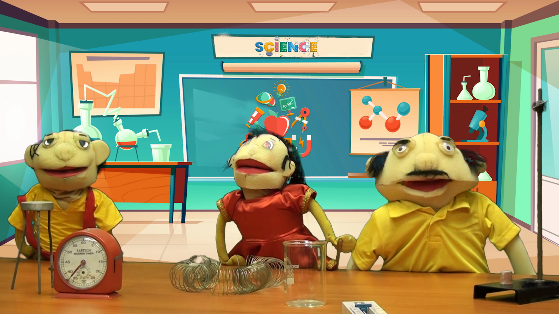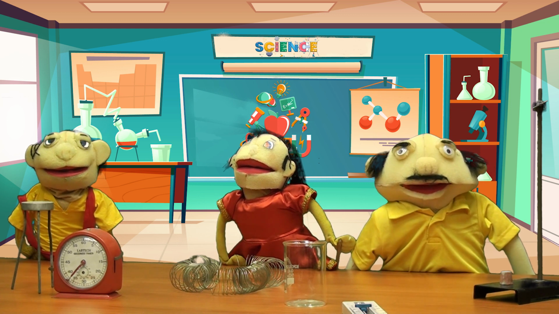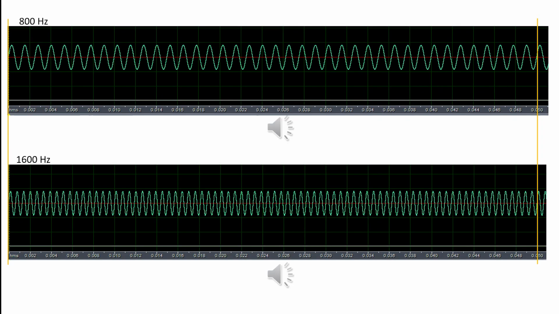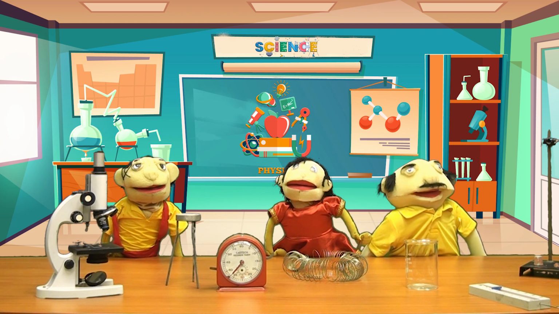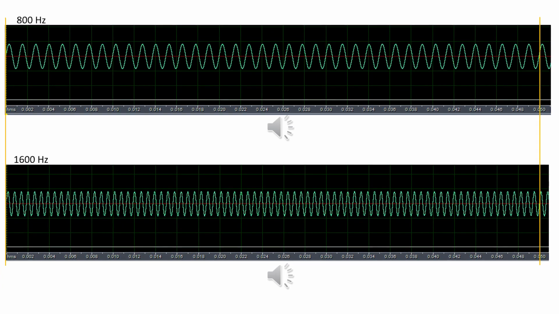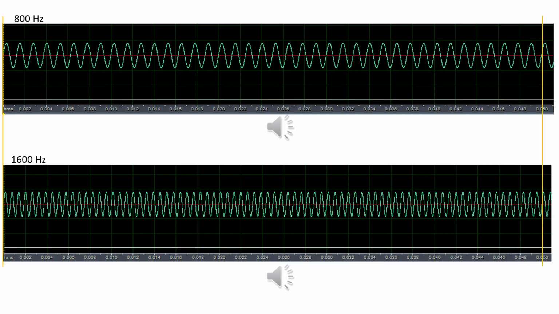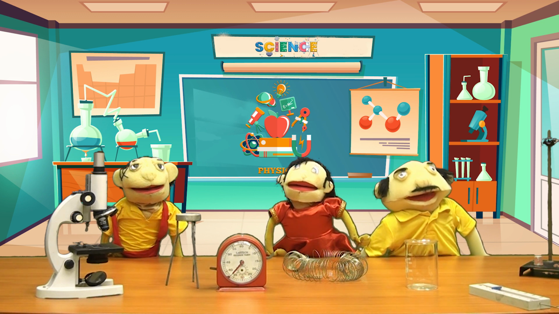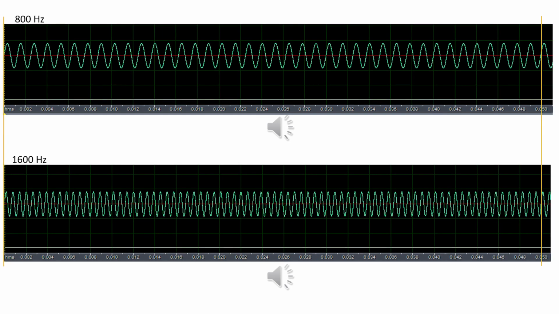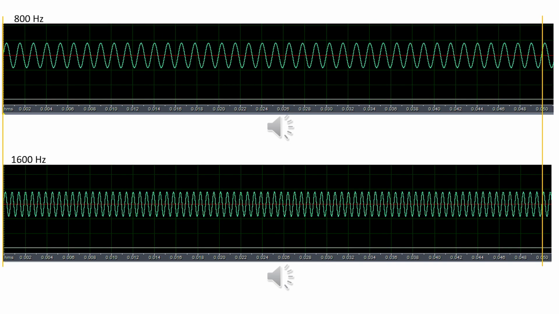Now, let us listen to two other notes, 800 Hertz and 1600 Hertz. In the upper waveform, there are 40 waves completed in 0.050 seconds, which means it has a frequency of 800 Hertz, and the lower waveform has 80 waves completed in the same 0.05 seconds, which means it has a frequency of 1600 Hertz.